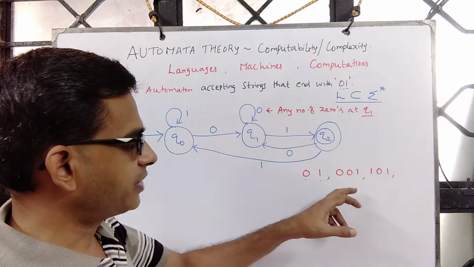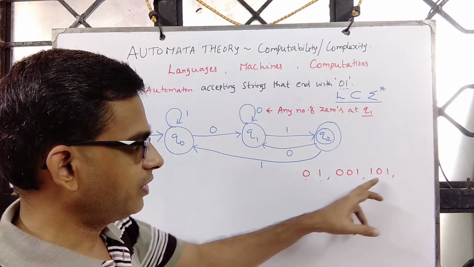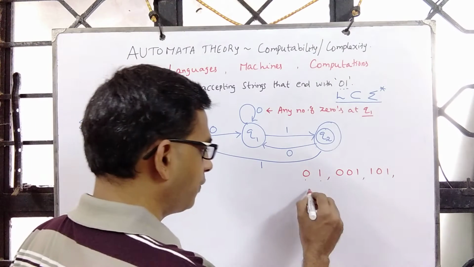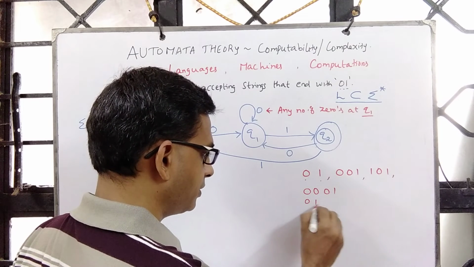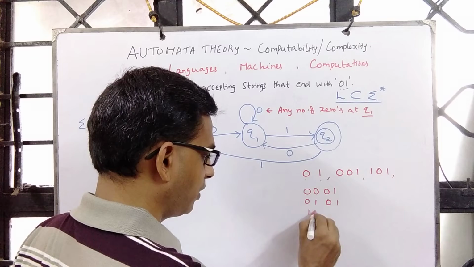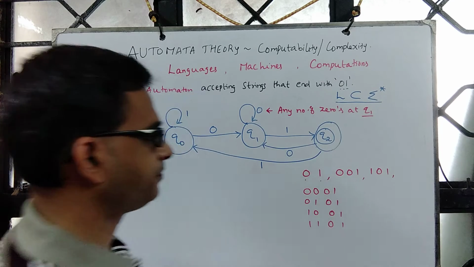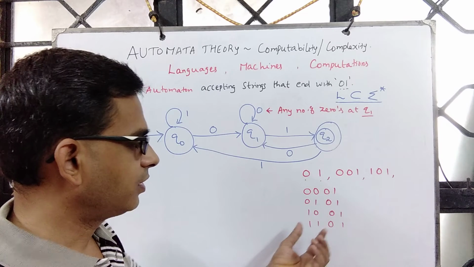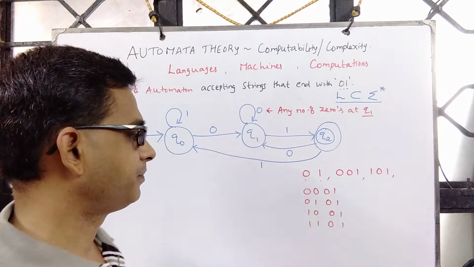Now when you get into strings of length 3, what is possible is 0 0 1, 1 0 1. Then when you get to strings of length 4, you see that it is 0 0 0 1, or 0 1 0 1, 1 0 0 1, 1 1 0 1. And like that, prefix can be anything followed by the suffix is always 0 1.